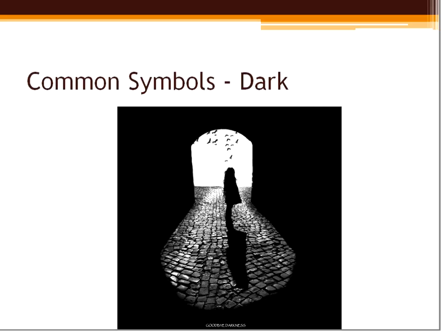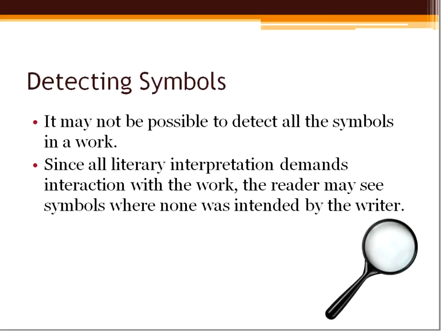If your character is hidden in the dark, has shadows cast over his face, you can only see part of him because of the darkness, then there might be something that he's hiding. Maybe he's lying, or maybe he's hiding something from you. So pay attention to what kind of setting the authors are using and what those settings mean.